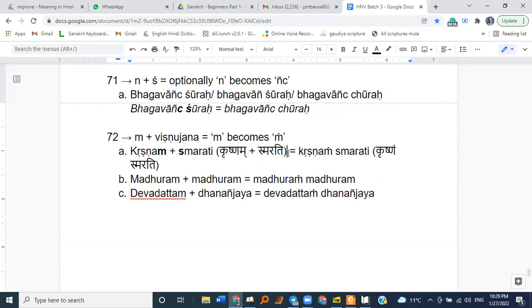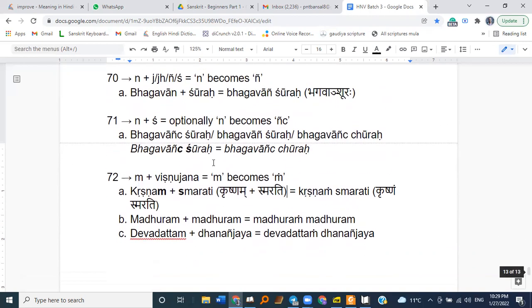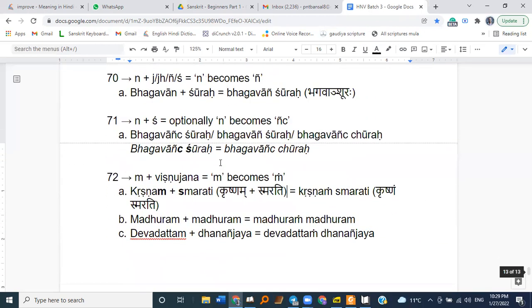So any other clarification? So we studied five new sutras today. We'll study further tomorrow and also do some examples, some practice for all this. And please, now the main thing is implementation.